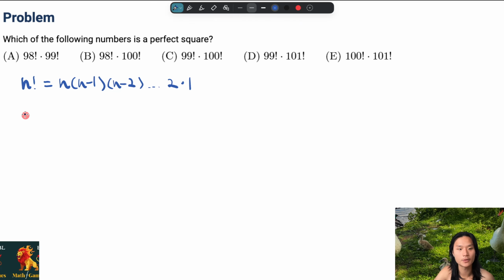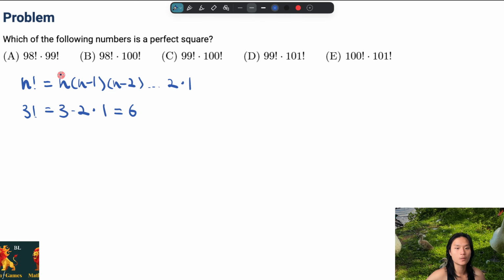So for example, 3 factorial is 3 times 2 times 1, which is 6. So we are going to evaluate each of these expressions and try to work out which one is a perfect square. And there's a general rule that we are going to use.